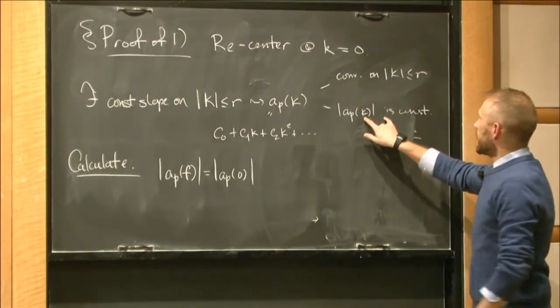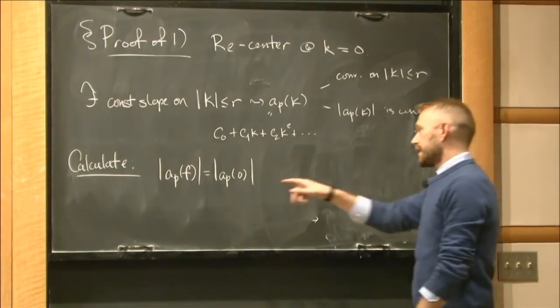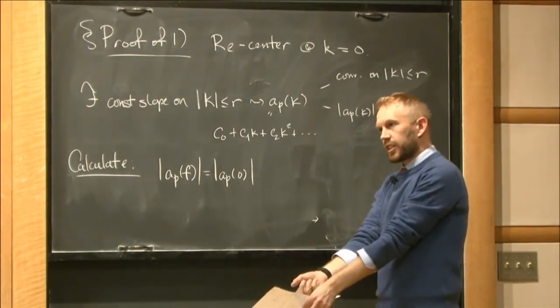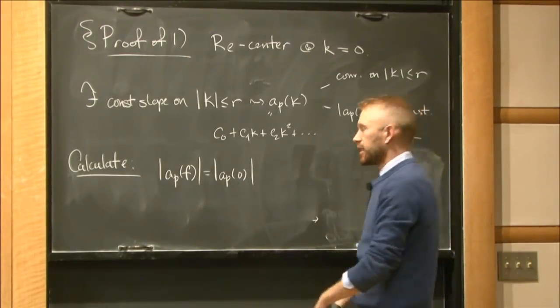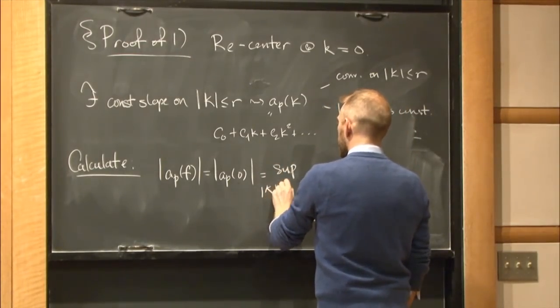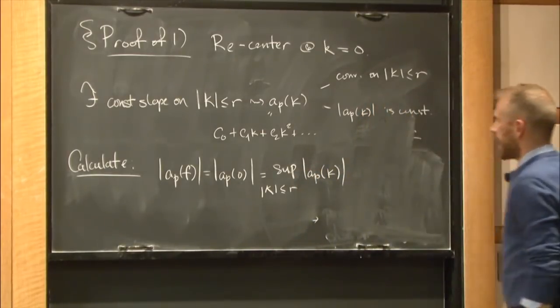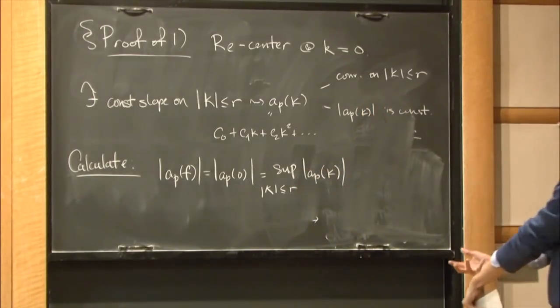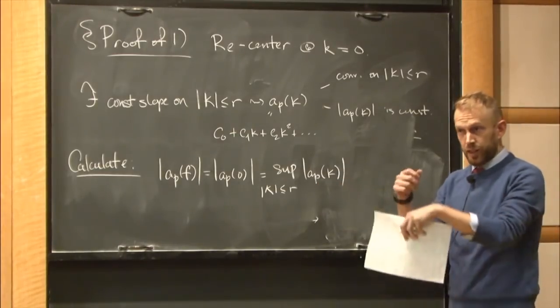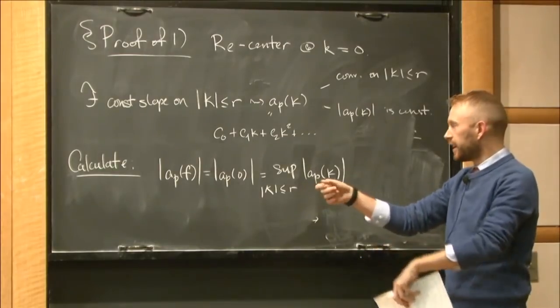But having a function of constant absolute value is a bit strange, because that means that at the center of the disk and at the edge of the disk, you have the same norm. So this is the same as the sup over the whole disk of any of the values. On the other hand, the p-adic maximum modulus principle tells you that the sup has to be obtained on the boundary of a disk, not the center of the disk.